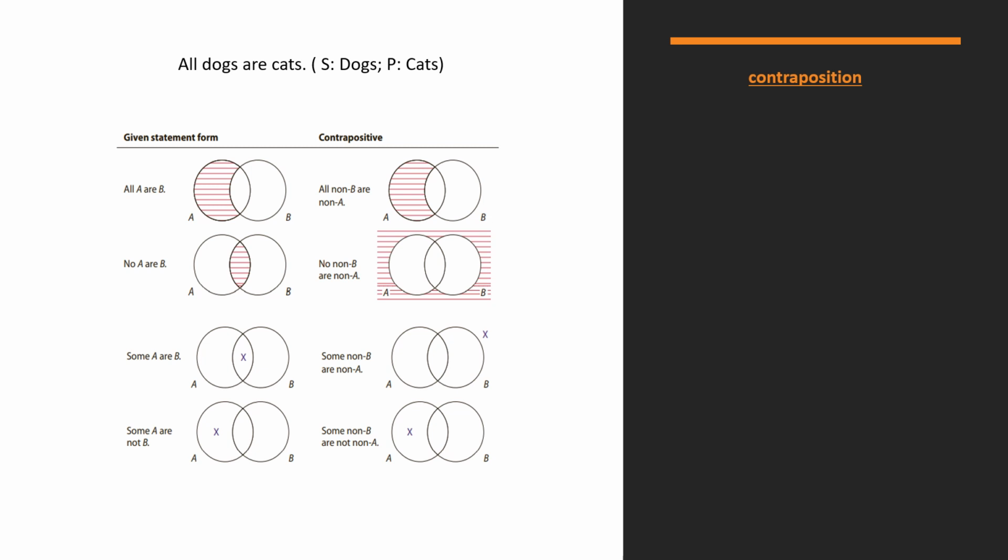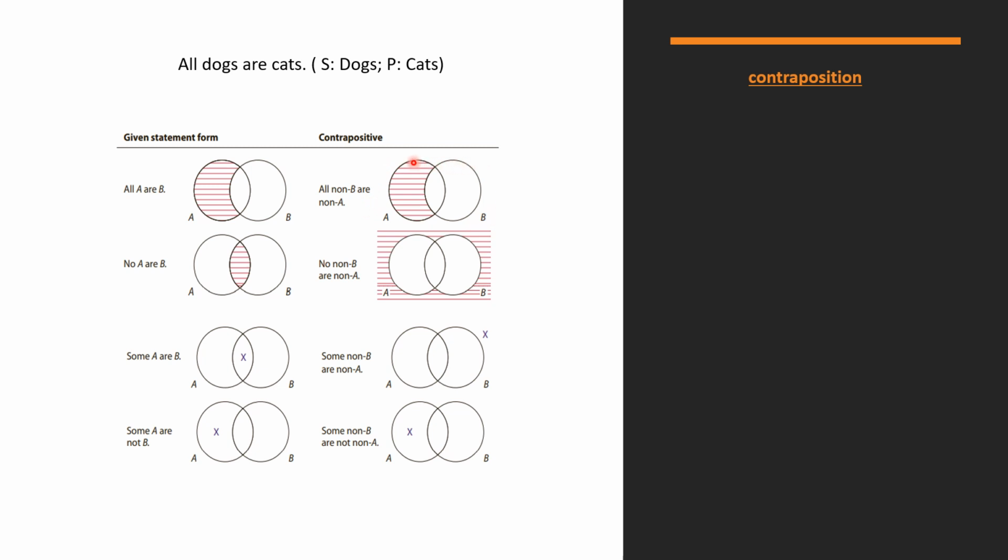So we only have one relationship here, one combination that shows logical equivalence, and that is between the given proposition, all A are B, and all non-B are non-A.